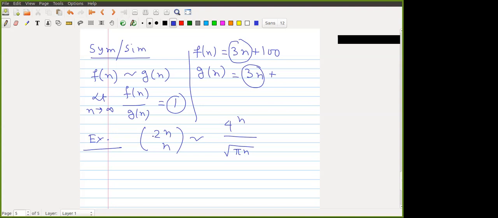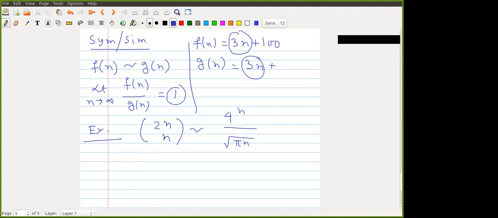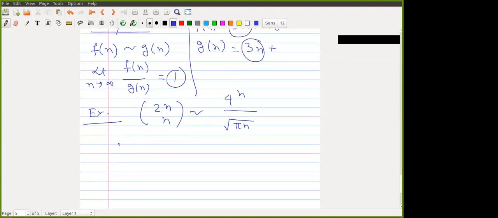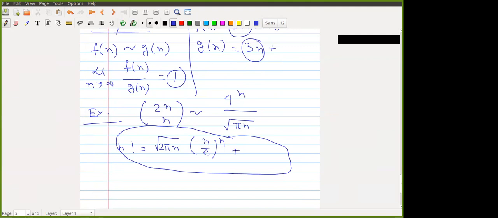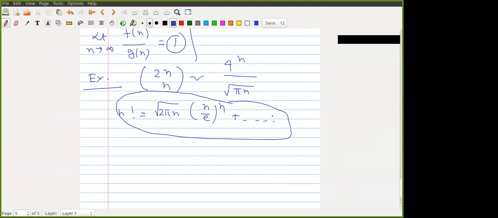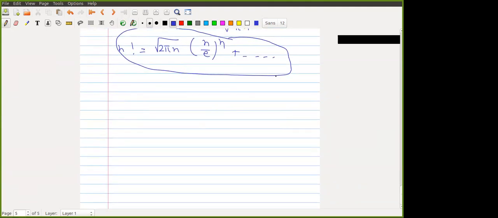Please try this. Yes, you are right, we have to use Stirling's approximation. Stirling's approximation says that n factorial is similar to root 2 pi n into n by e to the power n, plus some lower order terms. If you do this example, I think it will be clear.